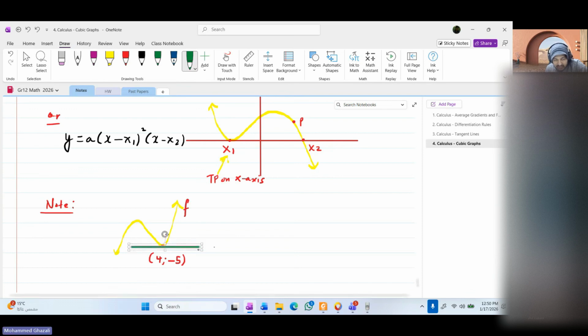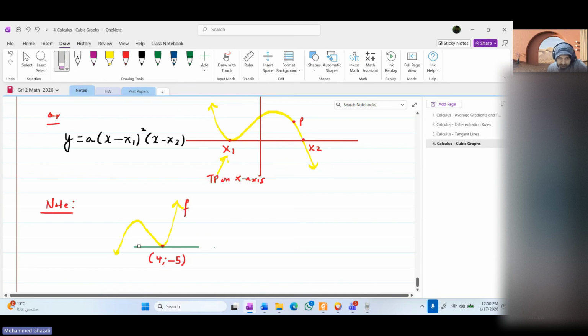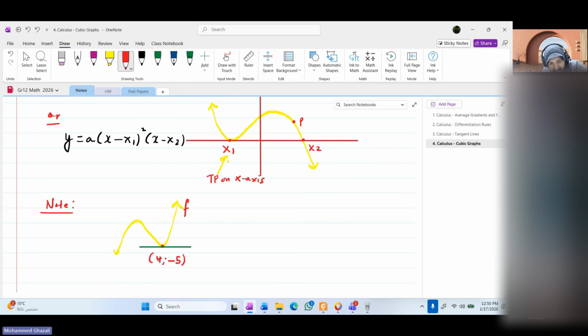So what we know is that the turning point has two equations. First equation is that the slope at the point is 0. The gradient at x is equal to 4 is 0.